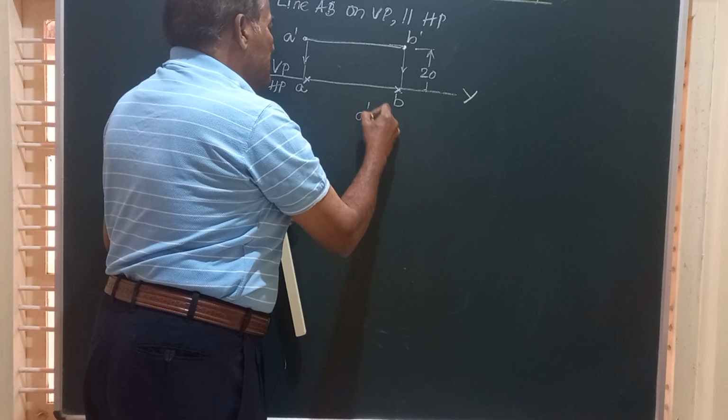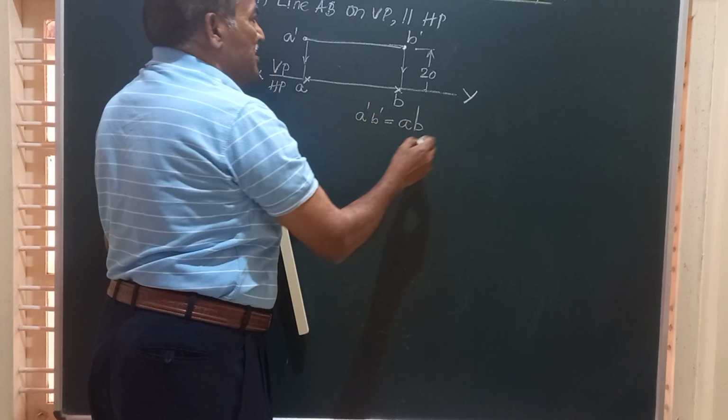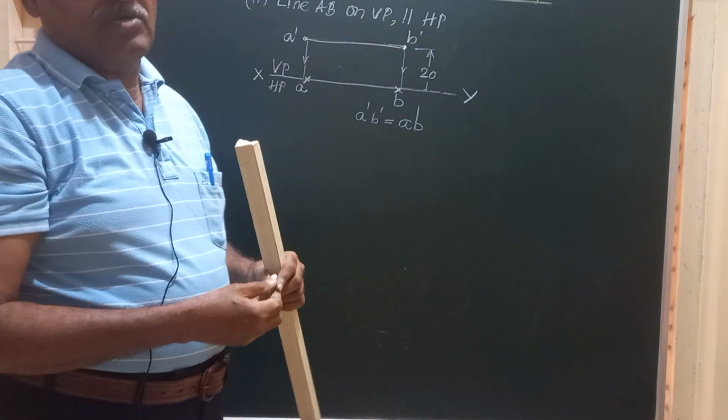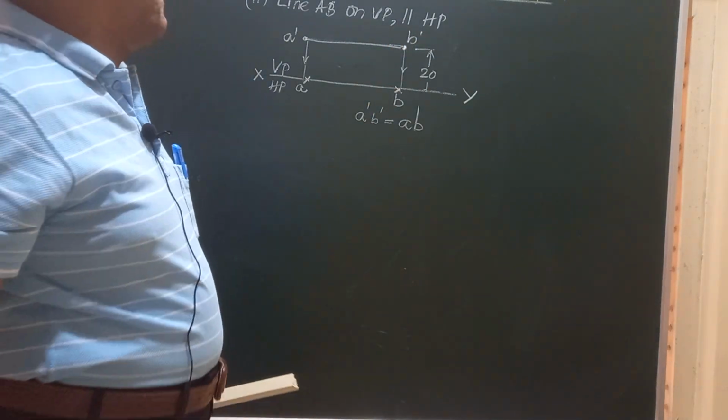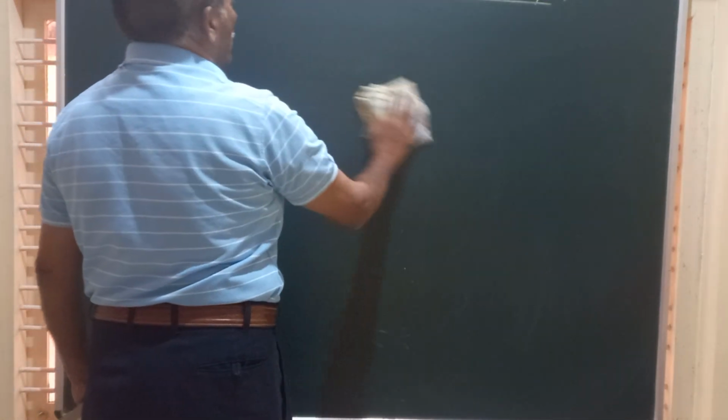In other words, the length A dash B dash is equal to length AB. So all these will have the same length. I hope you are following. And let's move on to case number 3.